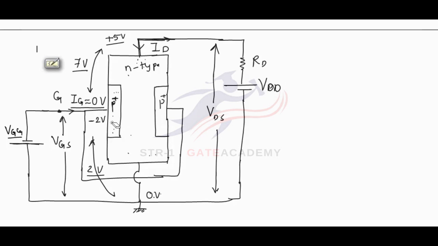So the depletion layer now we will draw. As the P-type region, gate region, is highly doped, the depletion layer in this region will be very less. Depletion region in this region is very less, and I am not showing it. N-type region is lightly doped as compared to P plus region, so the depletion layer will penetrate in this region.